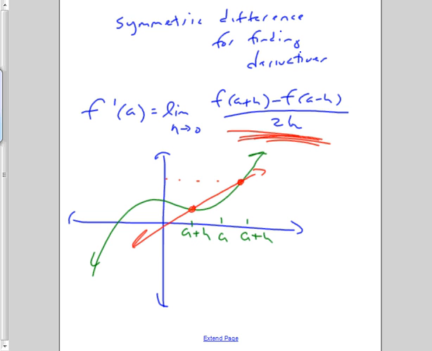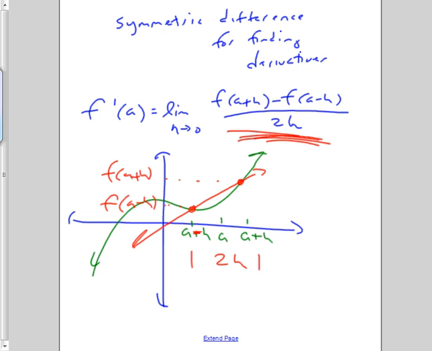Because that's f of a plus h. This is f of a minus h. This distance, that should have been a minus there. This distance between these two points, well, it's h to the left and h to the right, so that's 2h.